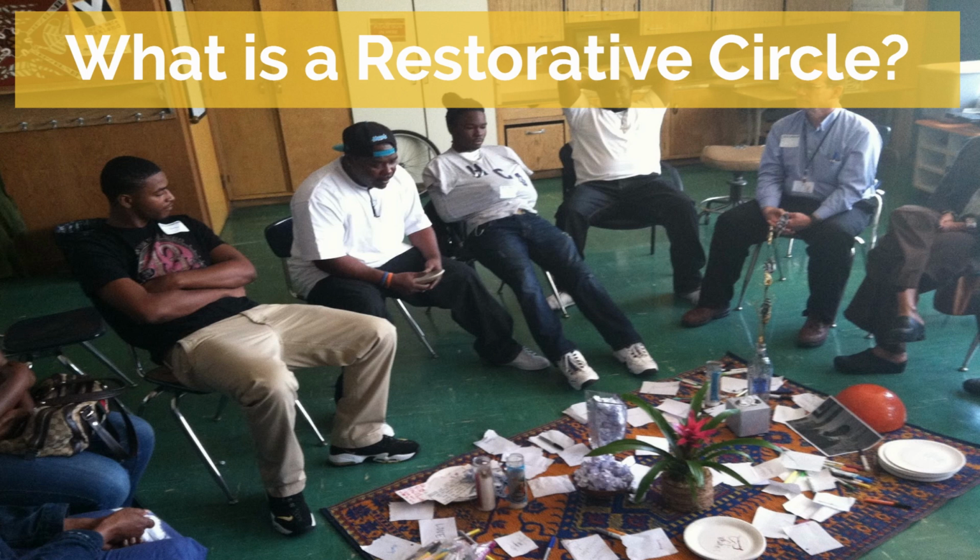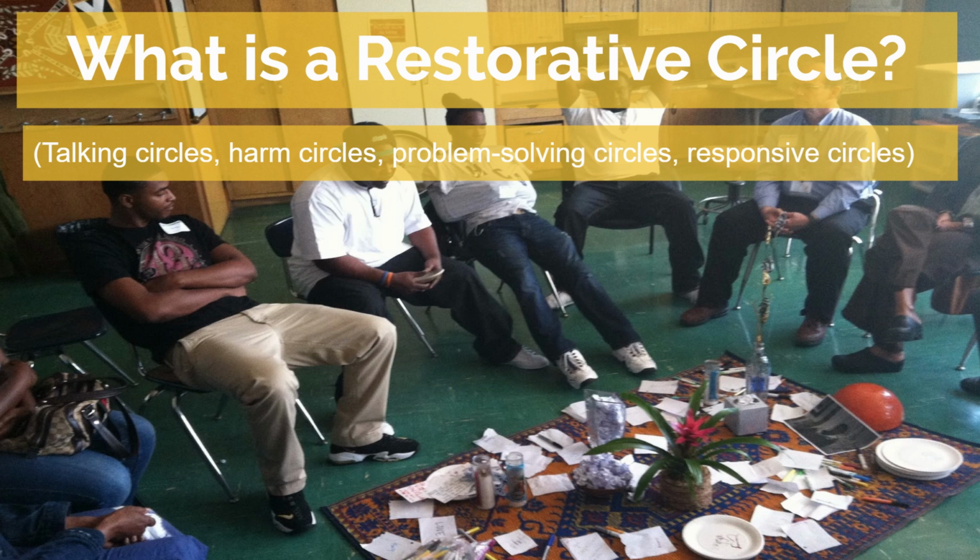Restorative circles are probably what people most commonly think of when they hear the term restorative justice or restorative practices in schools. Like this picture of Eric Butler, master circle facilitator, trainer, and a friend of mine from Talking Peace. He's sitting in a circle together with students to solve a problem, commonly called talking circles, harm circles, problem-solving circles, responsive circles.